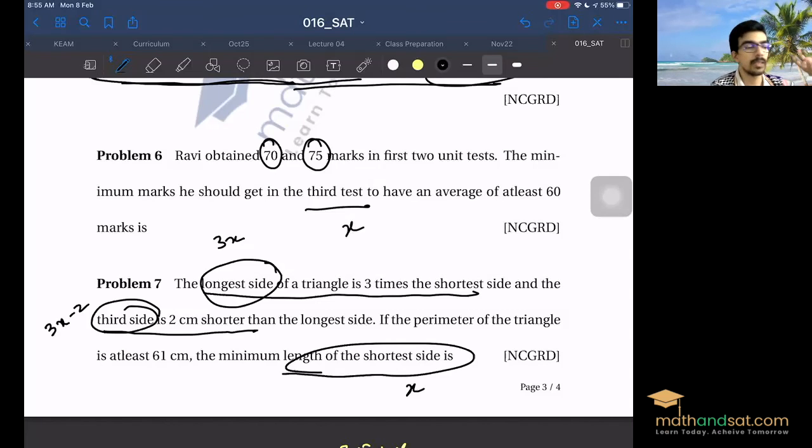And the third side is 3x minus 2. Does this make sense? The side lengths are chosen as x, 3x, and 3x minus 2 as per the information given in the question.